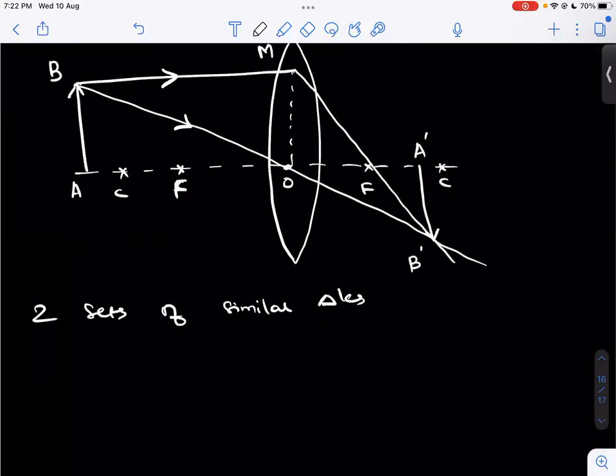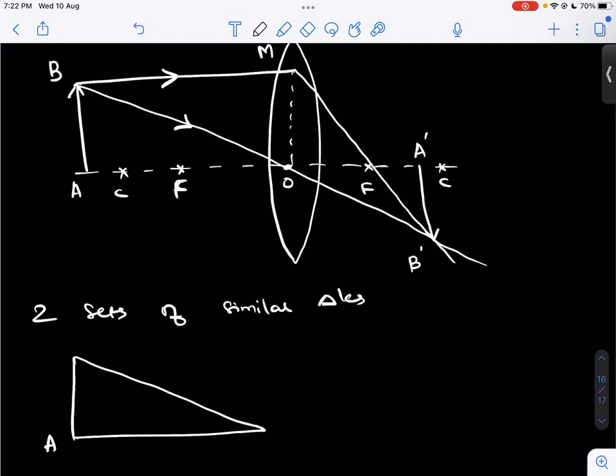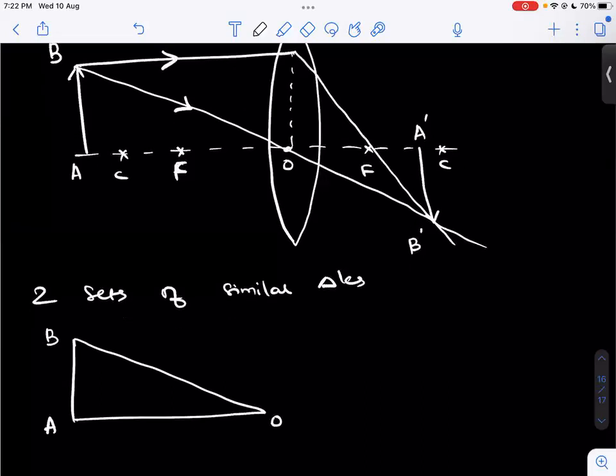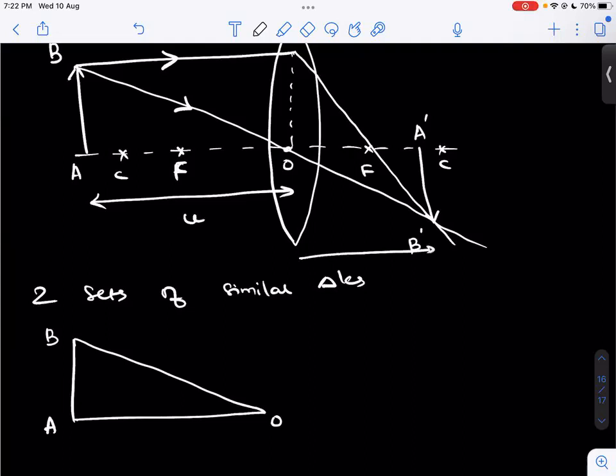So if I take the triangle BAO, then O to A is the object distance, O to A dash is the image distance, and O to F is going to be the focal length.